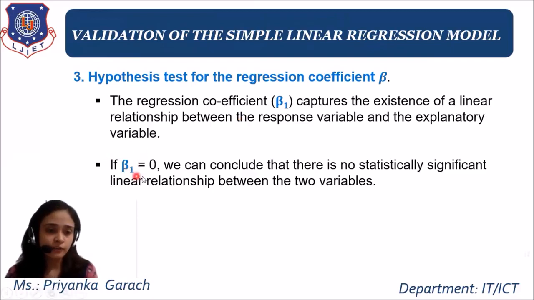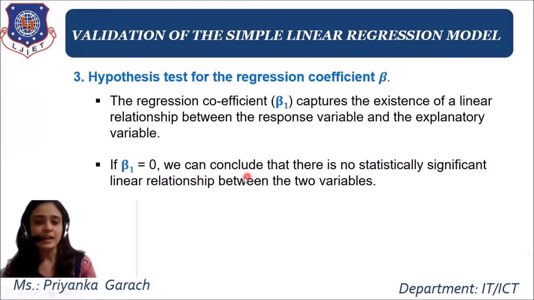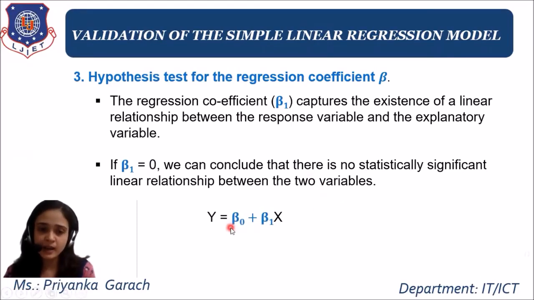Suppose my value of beta 1 is equal to 0, then we can conclude that there is no statistically significant linear relationship between the two variables. Suppose my equation is y equals beta 0 plus beta 1 x. If my value of beta 1 is equal to 0, then what will happen? I will get the equation y equals beta 0. Now this particular equation is not an equation of the linear regression.